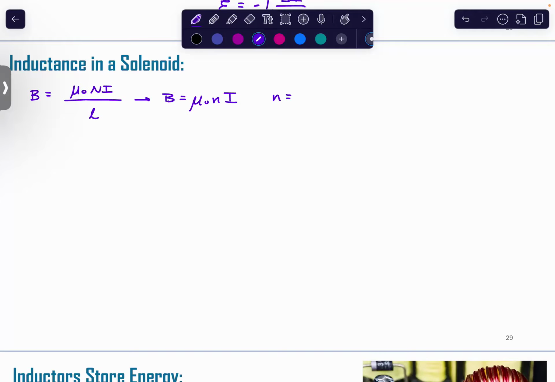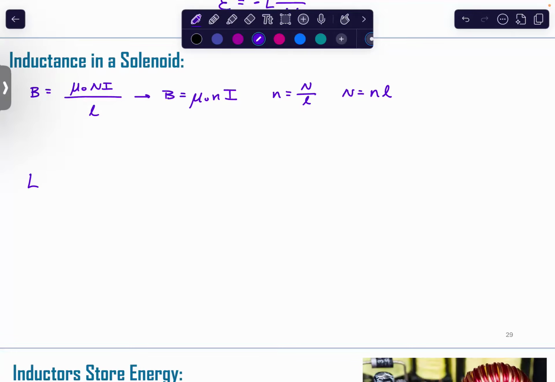It's the number of loops per unit length. Or we can say that N is n times l.